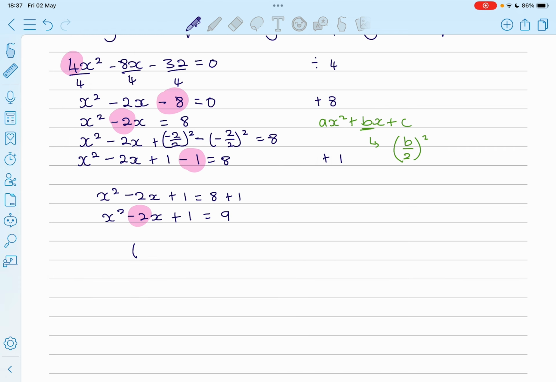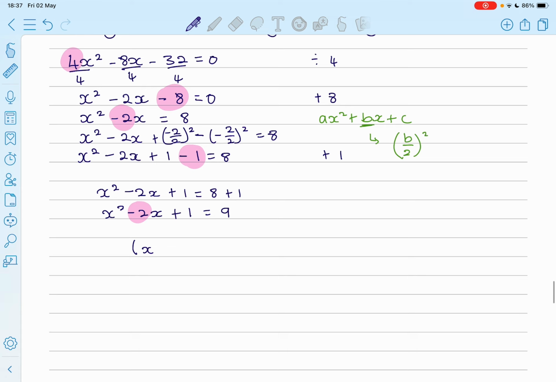So here you're going to have x, negative, and then divided by 2 is 1, squared. So that's the trick with factorizing that. And here on the right you have 9.